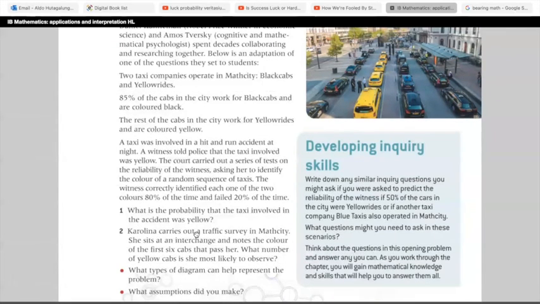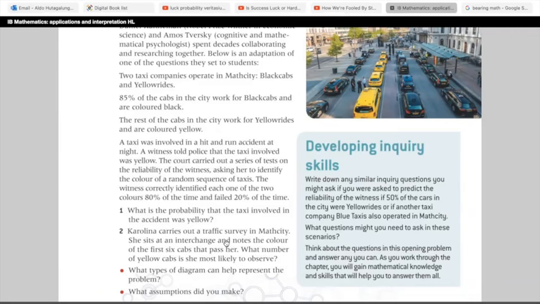A taxi was involved in a hit and run accident at night. A witness told police that the taxi involved was yellow. The court carried out a series of tests on the reliability of the witness, asking her to identify the color of a random sequence of taxis. The witness correctly identified each one of the two colors 80% of the time and failed 20% of the time. What is the probability that the taxi involved in the accident was yellow?